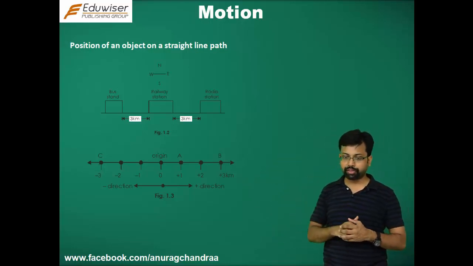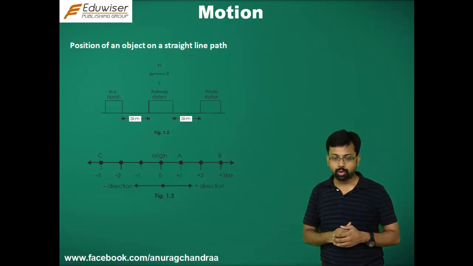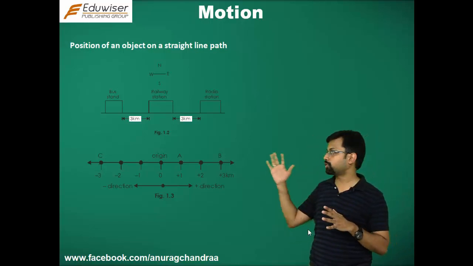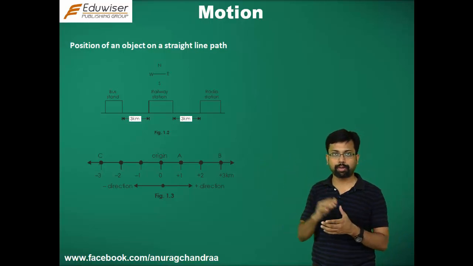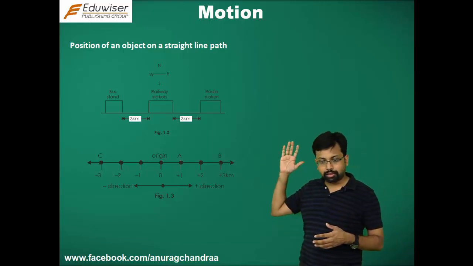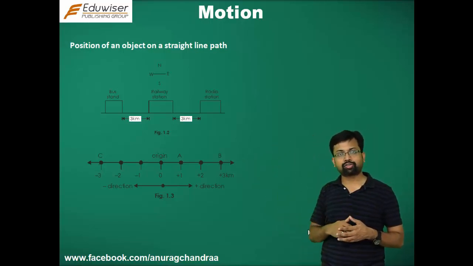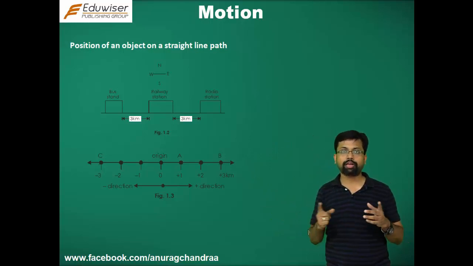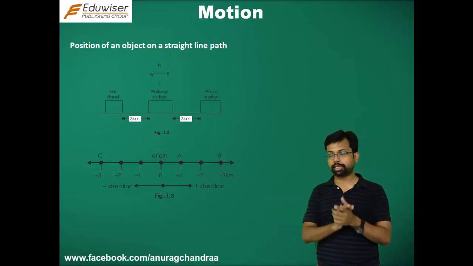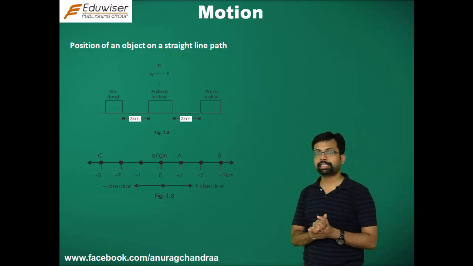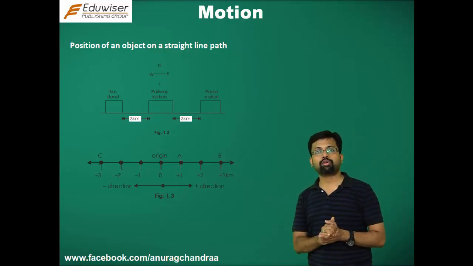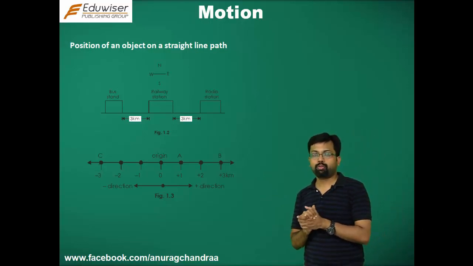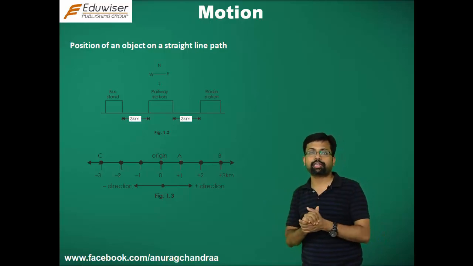Now, in the example given here, you have a railway station, a radio station and a bus stand at 3 different locations along a straight line path. The radio station as well as the bus stand are 3 kilometers away from the railway station, but on opposite sides. Now, if I say that person A has gone 3 kilometers, where is the person A at the end of 3 kilometers?